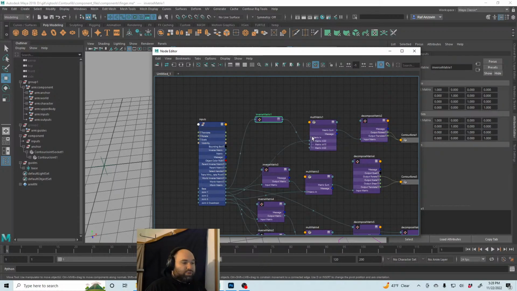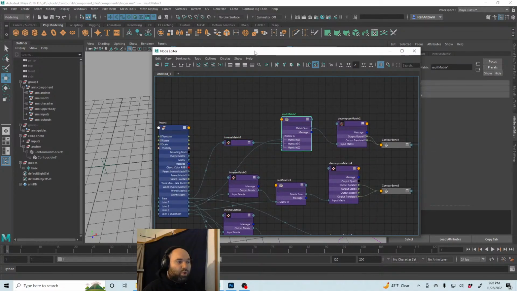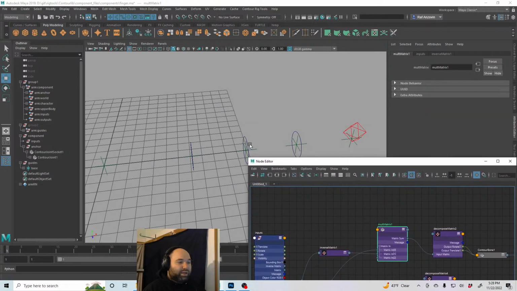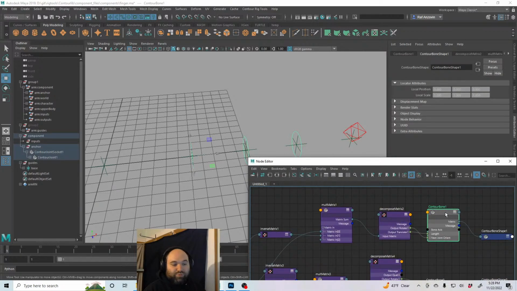We want to multiply it by the inverse of the world matrix of the thing previously in the hierarchy, or that is driving the thing previously in the hierarchy. And then that will essentially just give you what that transformation is in the space of its parent, which you can then simply set your bone and joint to represent, by, in this case, length and next joint orient.